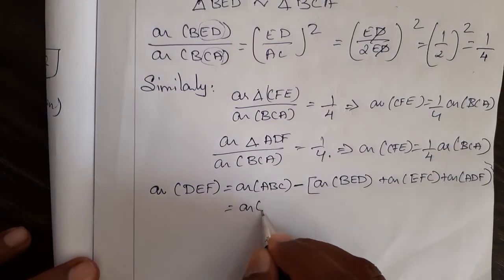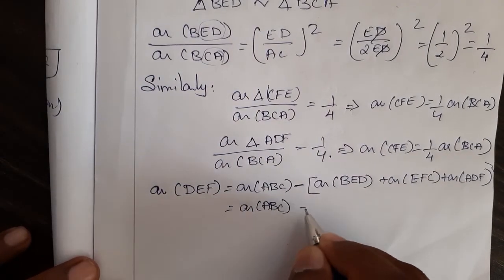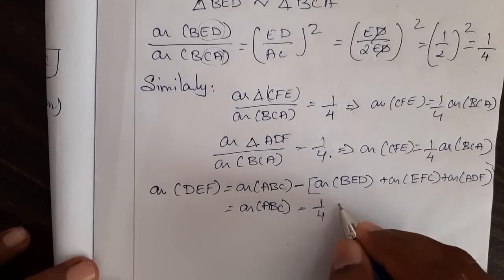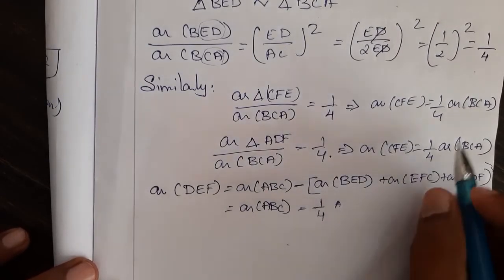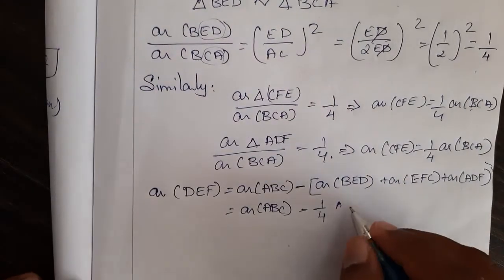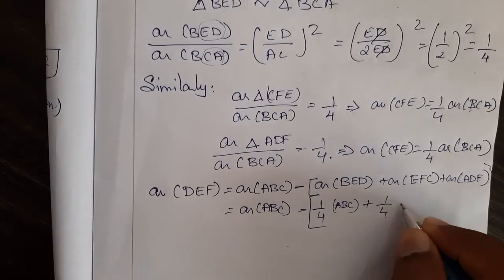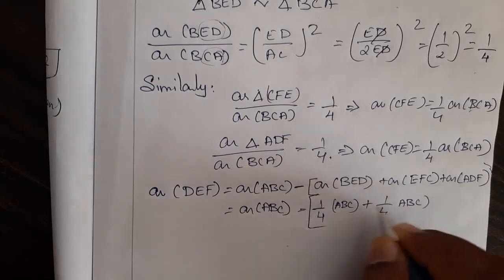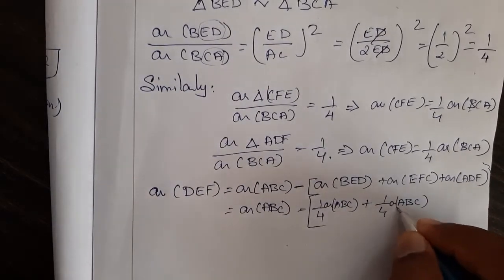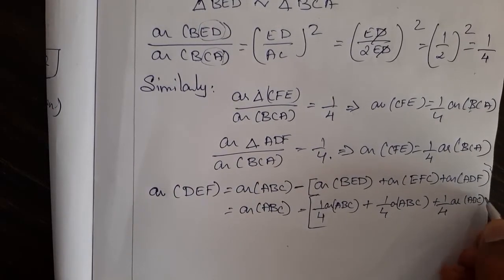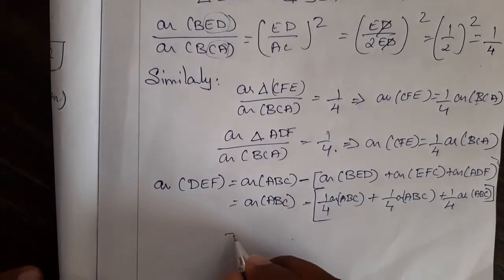So this is equal to area of ABC minus, and everything is 1 by 4 of ABC, right? So 1 by 4 of ABC, whatever the order is, doesn't matter, plus 1 by 4 of ABC plus 1 by 4 of area of ABC. So it will become 3 by 4 of ABC, right?